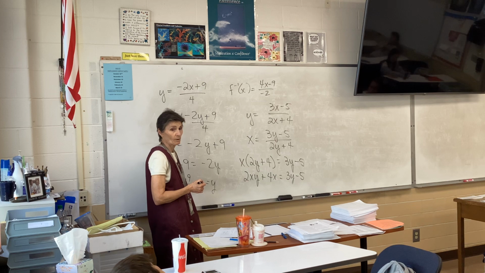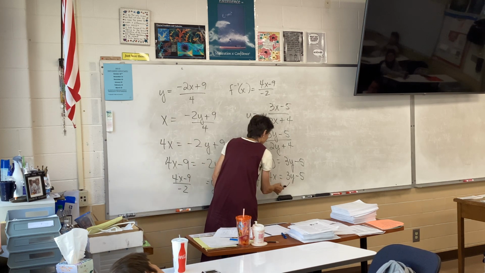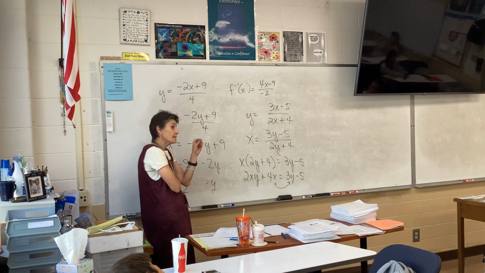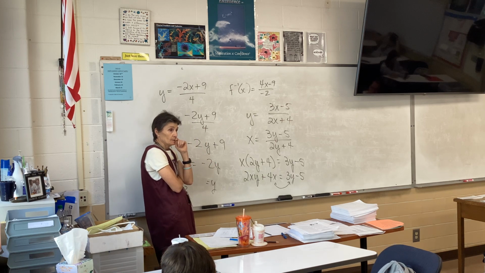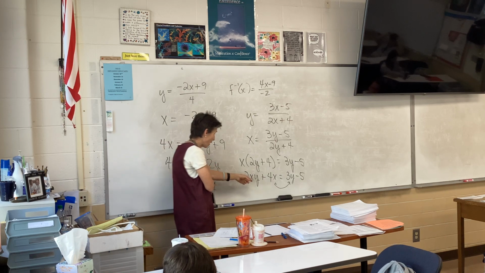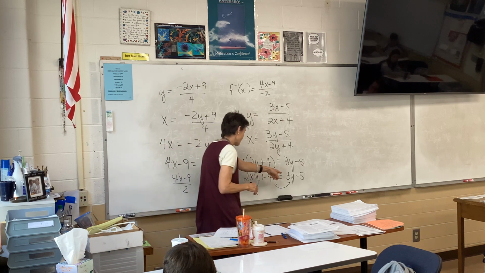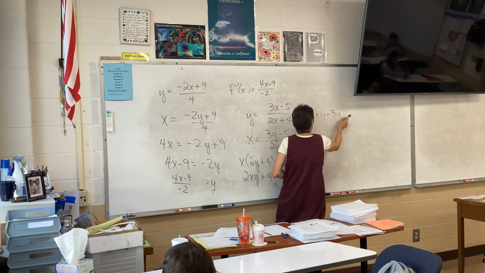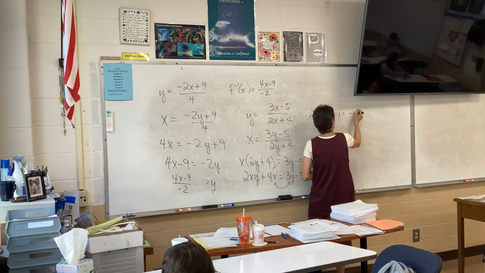This is the tricky part. What do I have to do now? These two have to change places because I need to be able to factor out a y, and I can't factor out a y unless they're both on the same side. So I'm going to subtract that over. So I have 2xy minus 3y, subtract this over, negative 4x minus 5.